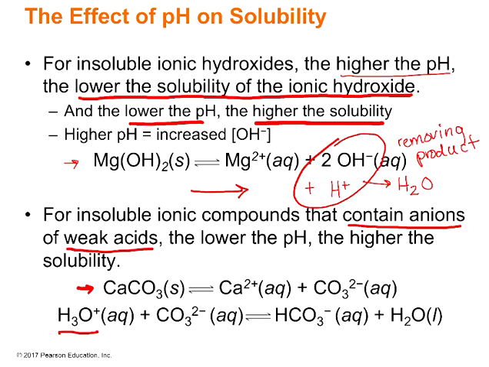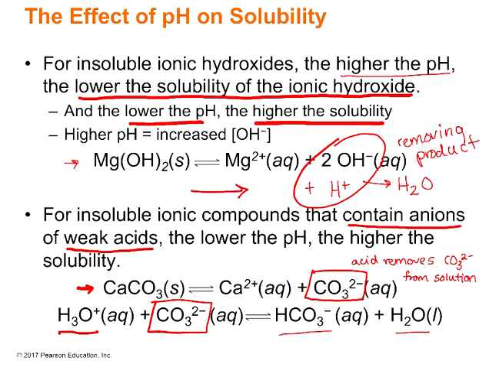So if we add acid, that's going to interact with this conjugate base, the carbonate ion, and it's going to remove carbonate from solution. And then we end up with bicarbonate and water.